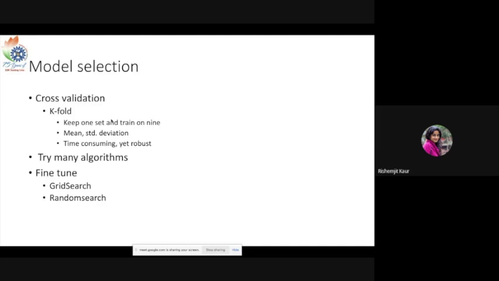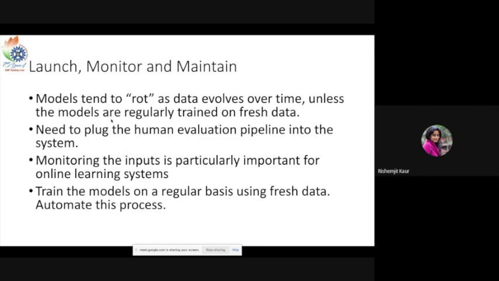For example, in linear regression, there is the value of alpha, right? And after we do that, we will launch and deploy our algorithm, right? Because models tend to rot as data evolves over time unless they are regularly trained on fresh data. So we also plug a human evaluation pipeline into the system.